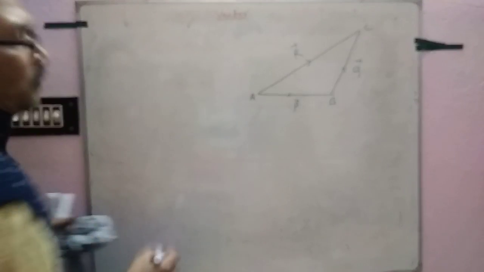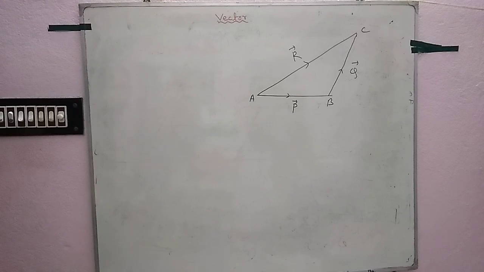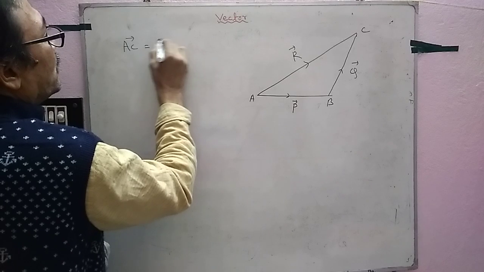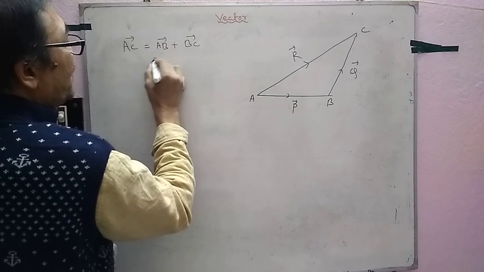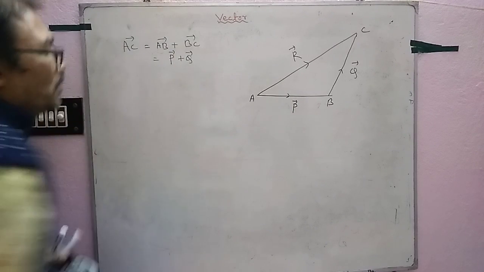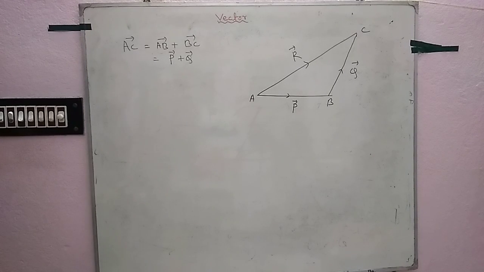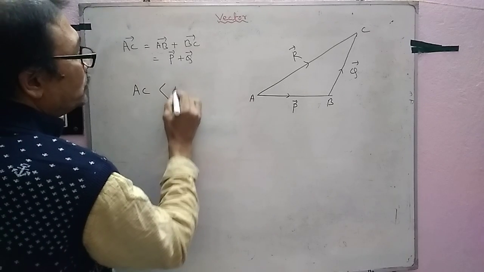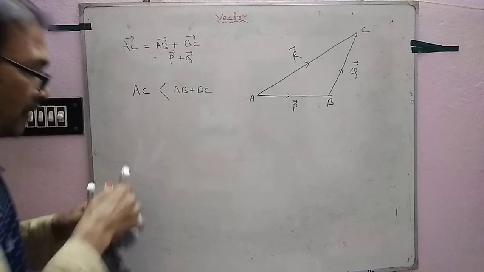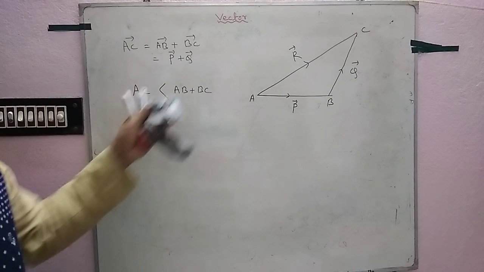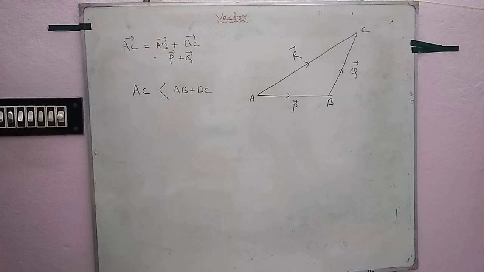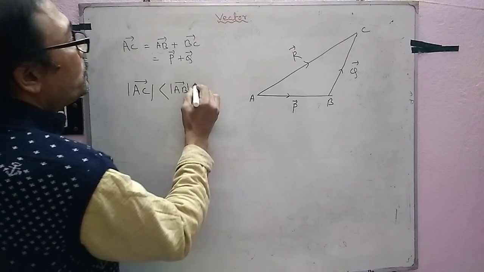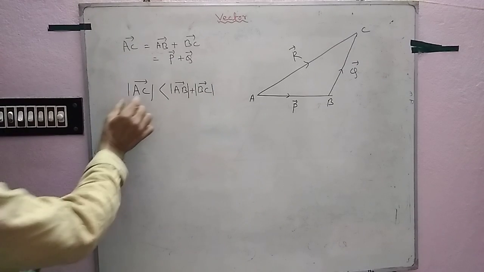We know from the triangular law of vector addition, AC equals AB plus BC, that is P plus Q. We did this in the previous class. Now, in a triangle, the sum of the two sides is greater than the third side. We can write this in vector form.